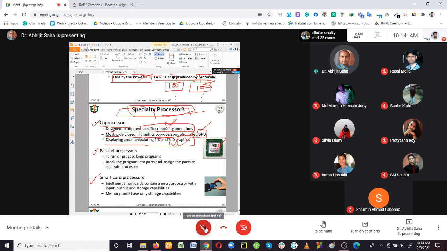That is not going to be handled by the graphics card alone. You need a processing unit to control those complex calculations, so that they can be done easily. This is one of the processors, the co-processor, known as a specialty processor. If you have an external graphics card in your computer system, that means you have a GPU on it these days.